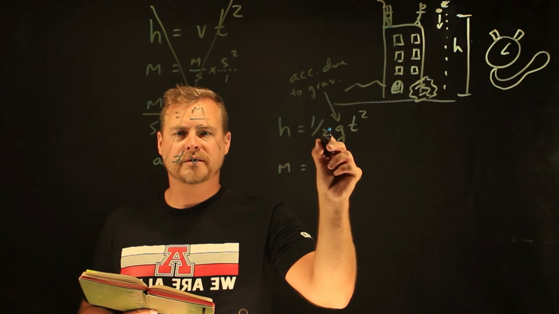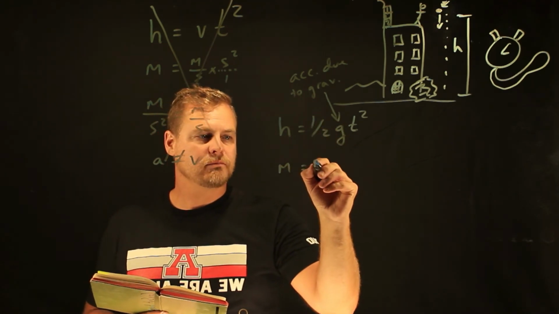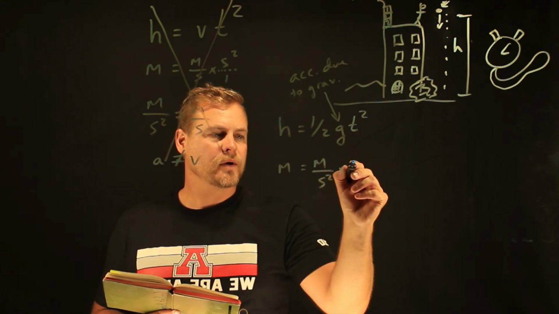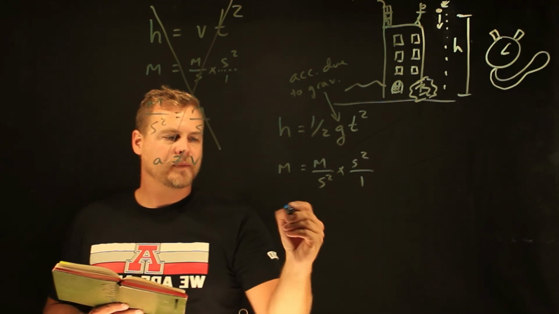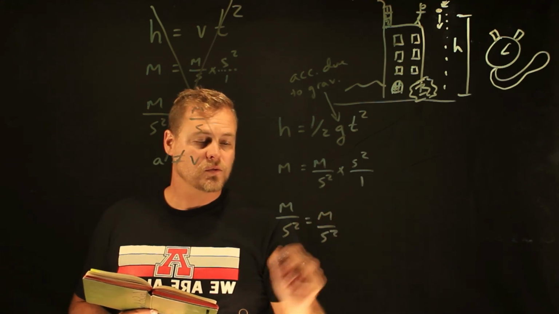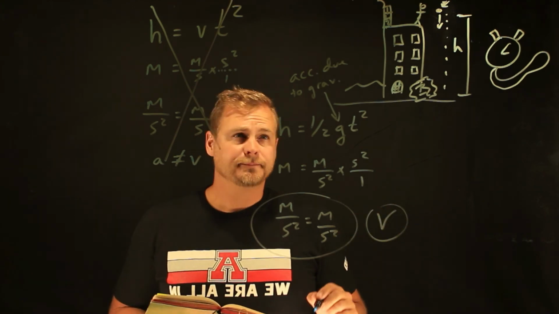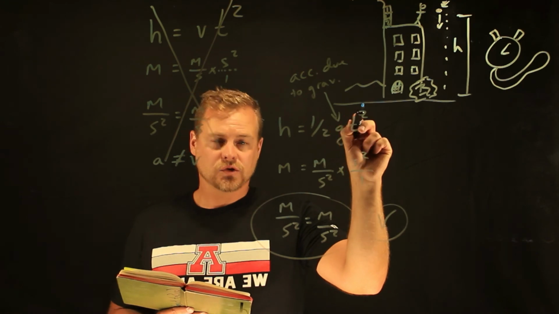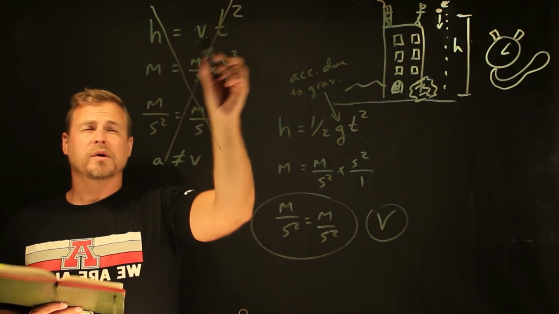I'm going to ignore all these numbers or constants. g, which is an acceleration, is going to be meters per second squared times t squared, which is seconds squared over 1. When I divide it over, I get meters per second squared is equal to meters per second squared. That works. That equality is good. And so the formula h equals 1/2 gt squared would explain this scenario. h equals vt squared would not.